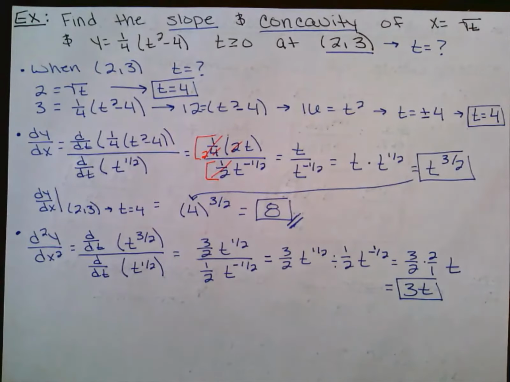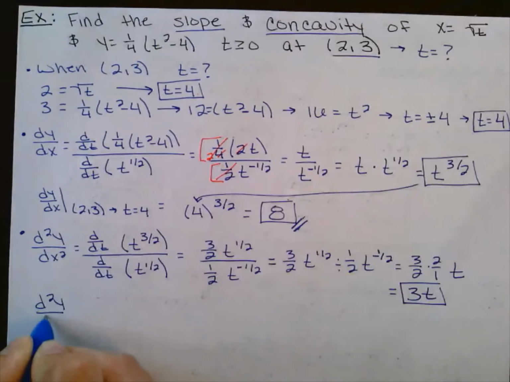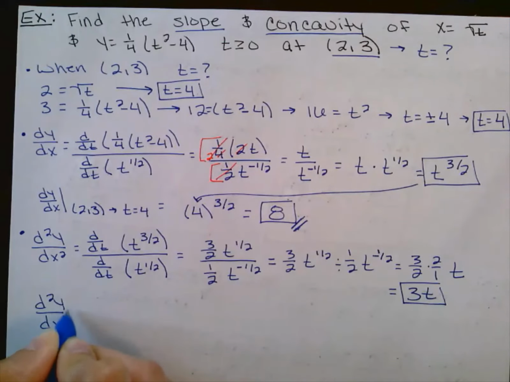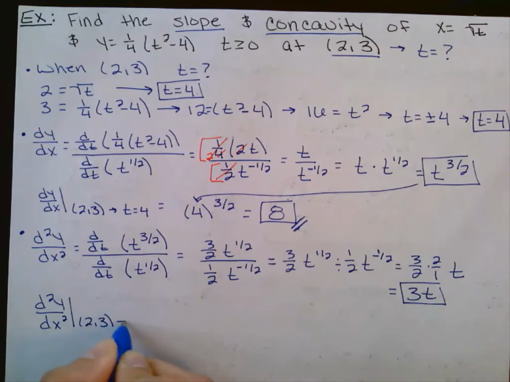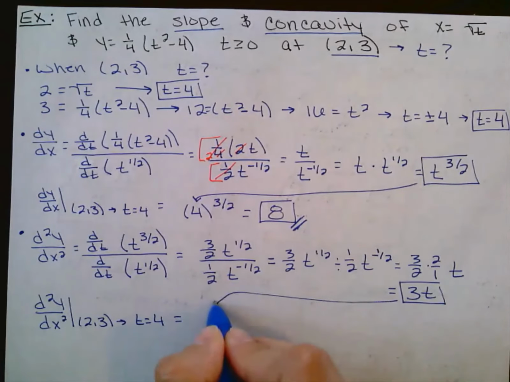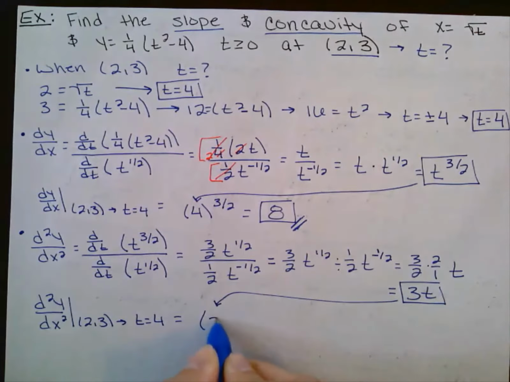Okay. Lastly, we're doing the concavity. Specifically, when I am at 2 comma 3, which we found is when t is 4. So now I'm saying this function at 4, which is 3 times 4, which gives me 12.